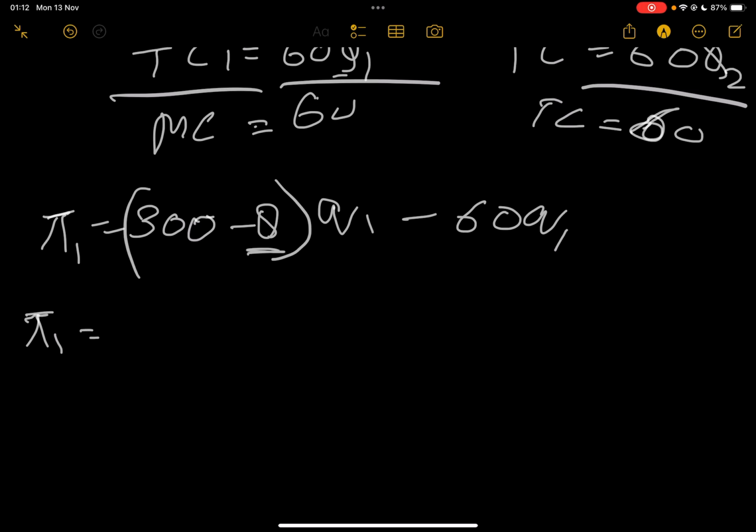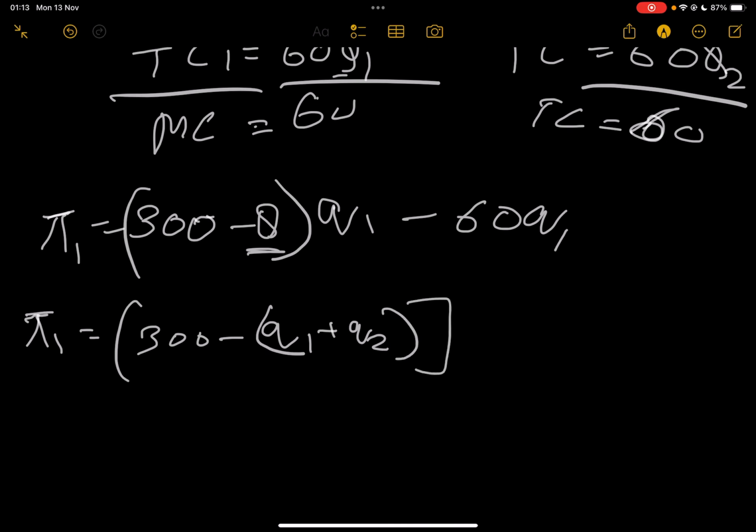So this Q is essentially the market quantity produced by all the firms. So we're going to denote this by Q1 plus Q2, whole square, into Q1 minus 60Q1.